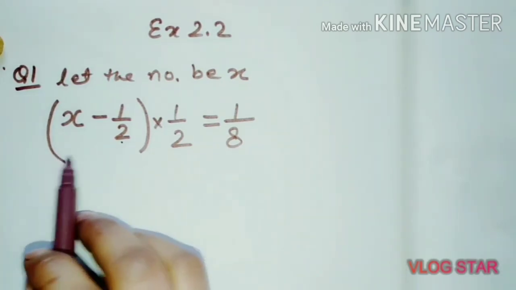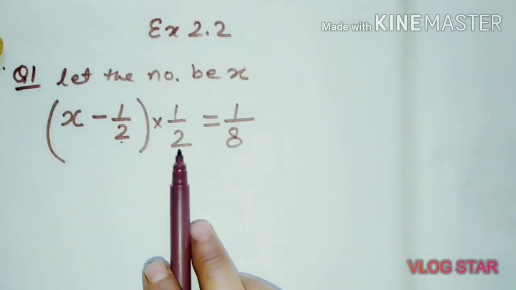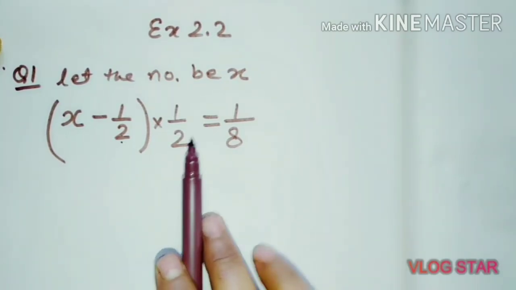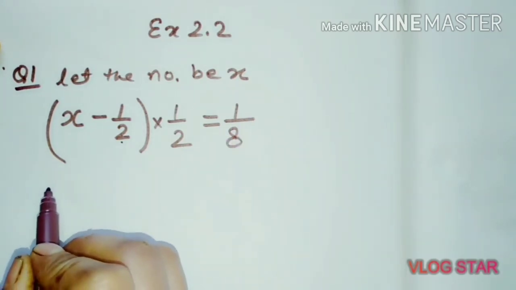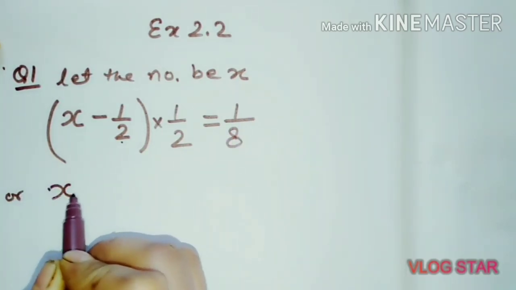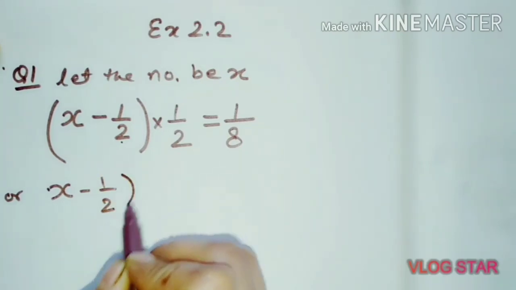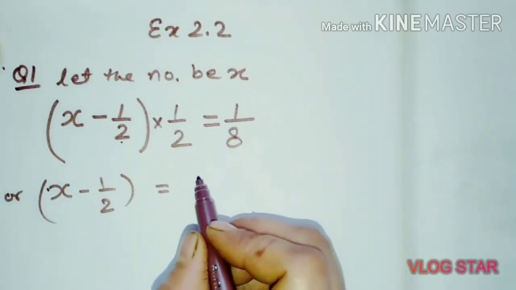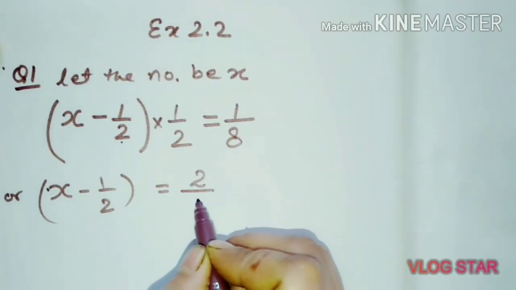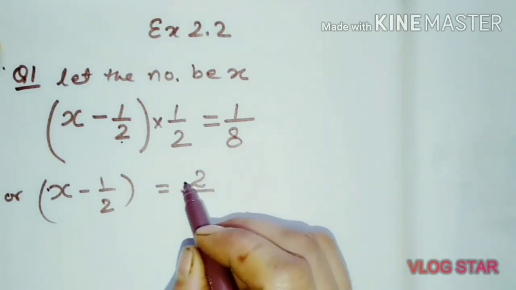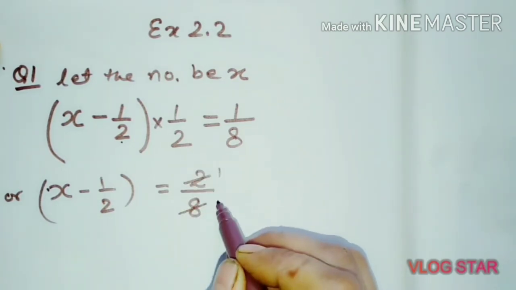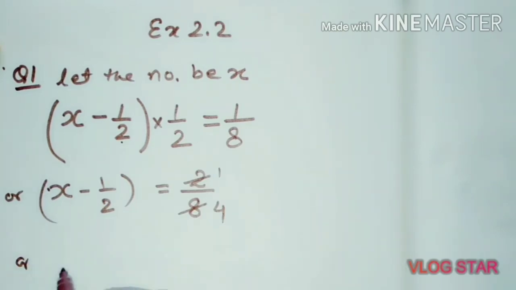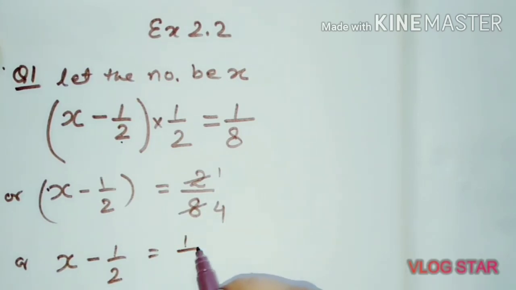Just solve the bracket term, and in the same way you can transfer this 2 to this side. x minus 1/2 is equal to, because 2 is in the denominator, you can transfer it to the numerator, 2/8. 2/8 is 1/4, so x minus 1/2 is equal to 1/4.